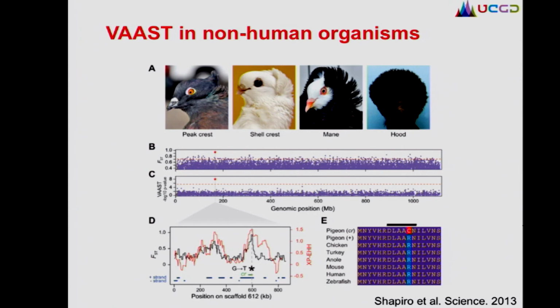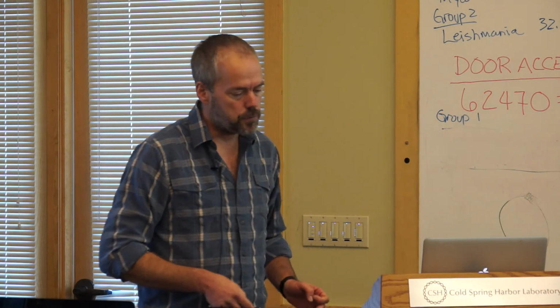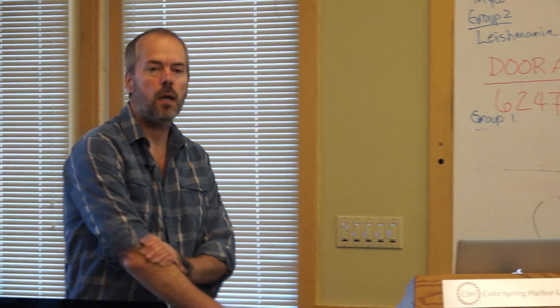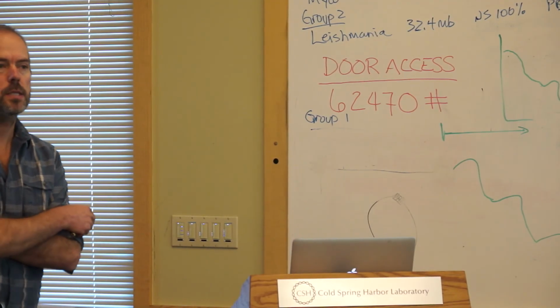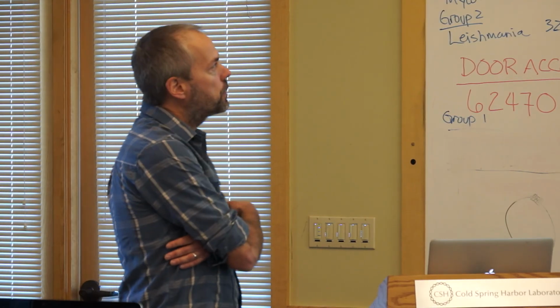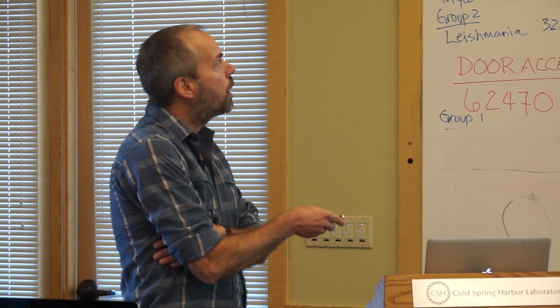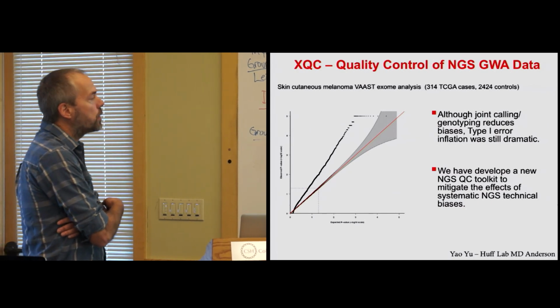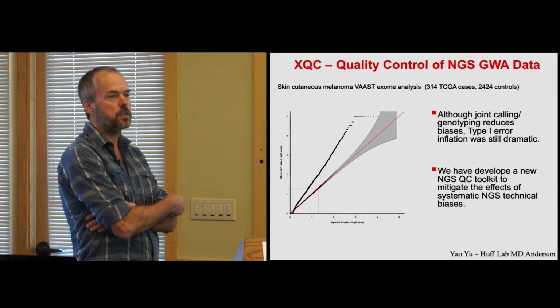So that's all great, and I've shown you some nice Manhattan plots that convince you that VAAST is doing a really good job. But next generation sequence is problematic and noisy. Variant calling is difficult. This is a QQ plot that shows what happens if we just do a VAAST run on a data set of next generation sequence data.